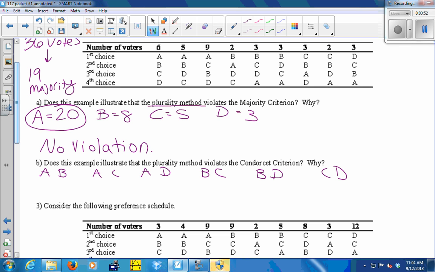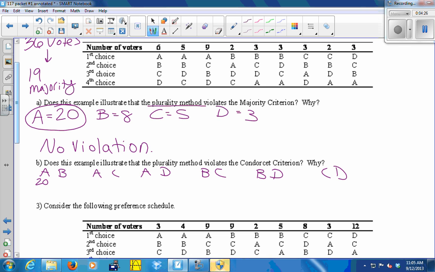So this is determining if there is a candidate who's undefeated head-to-head. Looks a lot like doing the pairwise comparisons method. We're just trying to determine if anyone wins all of their head-to-head matchups. So with A against B, A is always going to get these 20, right? Because these 20 people have A in first. And then B is going to get, does B get everything else?